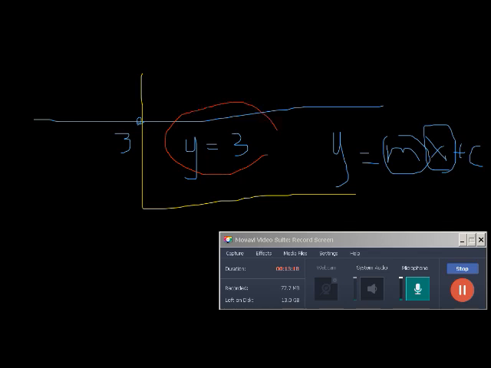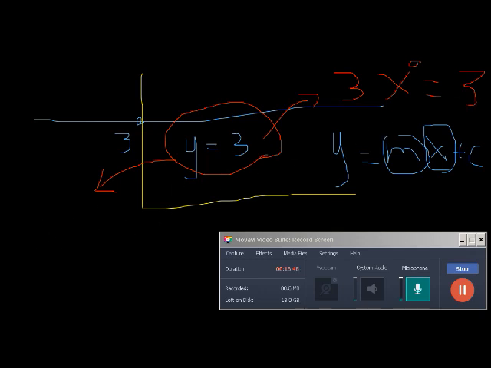And we can also use this derivative to prove this as well. For example, this line is y is equal to 3, and please know that any number raised to power 0 is equal to 1. Now y is equal to 3 can also be written like 3x raised to power 0, because 3 times 1 is also 3, it is the same thing.